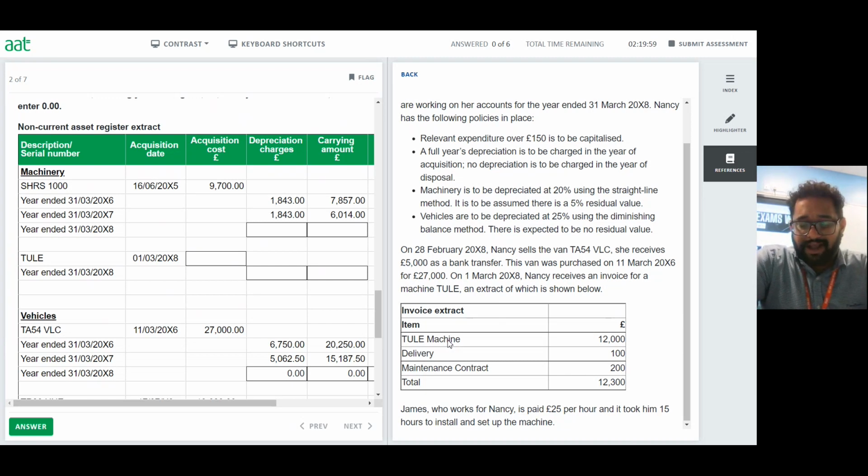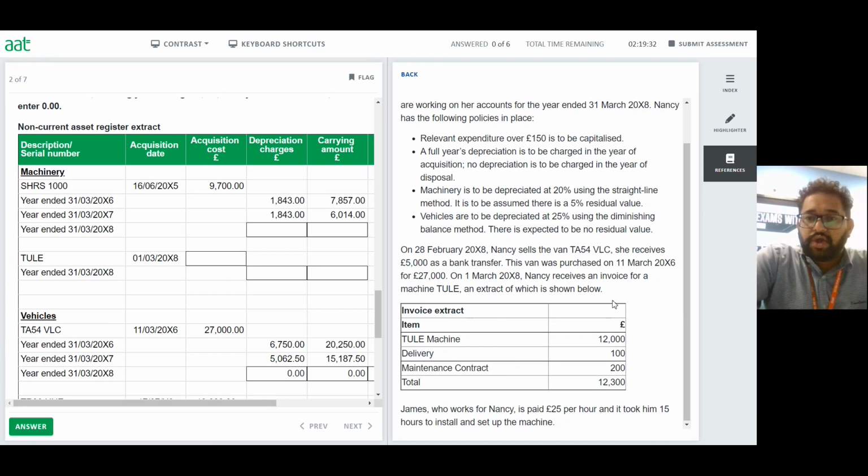Any cost for the machine arriving at the place where it's going to be operated, any specialized work needed on it, and any setup cost to get the machine working for the first time can be capitalized. But a maintenance contract, on the other hand, has to go as an expense, so that doesn't have to be capitalized.